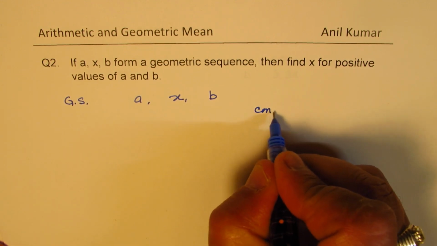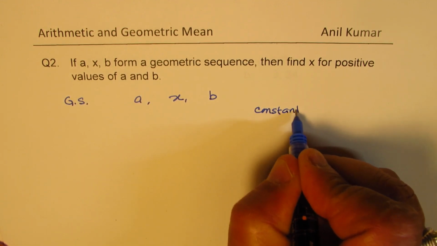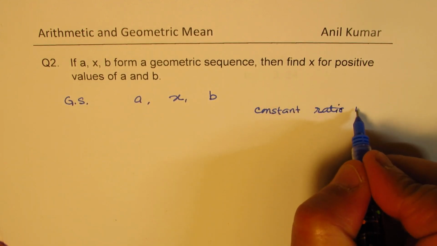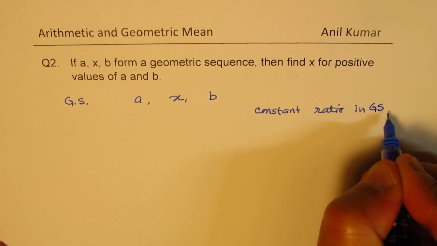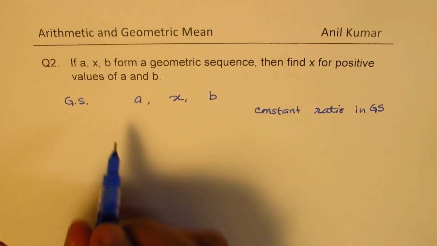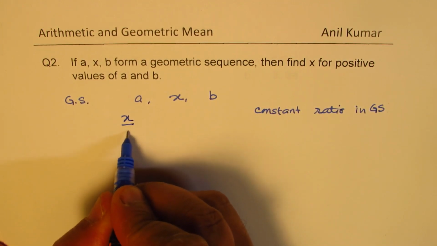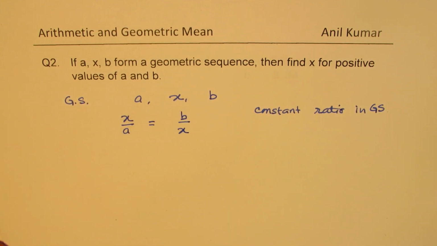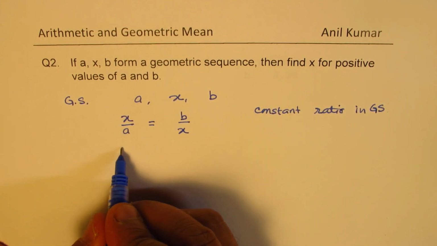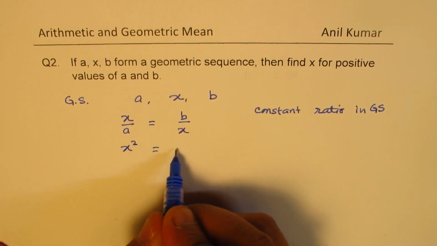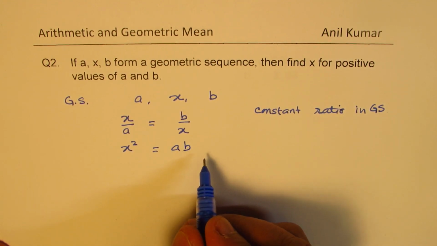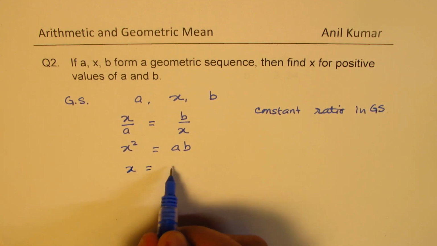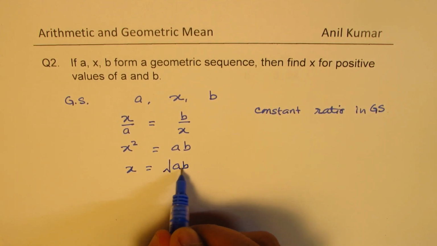So we have a constant ratio, right? That is what the condition is. It really means that x over a should be equal to b over x, correct? So this ratio is constant. If you cross multiply, you get x square equals ab, right? So x square is always positive. Now x could be written as square root of ab.